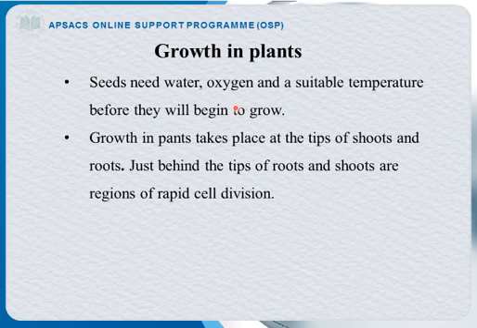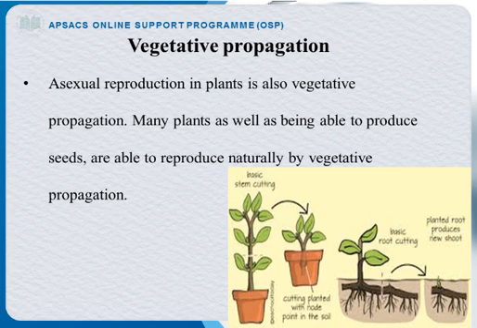It means three conditions are required: water, oxygen and suitable temperature. Growth in plants takes place at the tips of shoots and roots. Just behind the tips of roots and shoots are regions of rapid cell division.